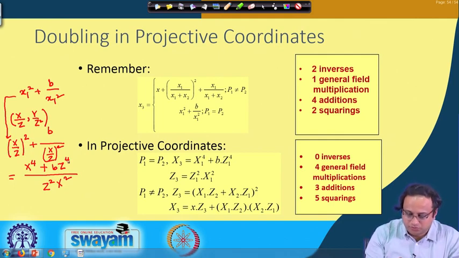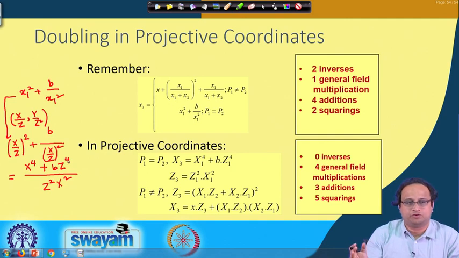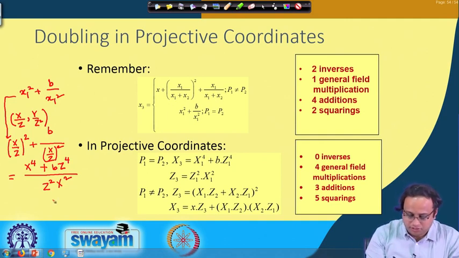So, now imagine that the computation is done in the projective domain. If you compare it with the affine domain, in the affine domain you have x1 comma y1, and you are calculating x3 from there.